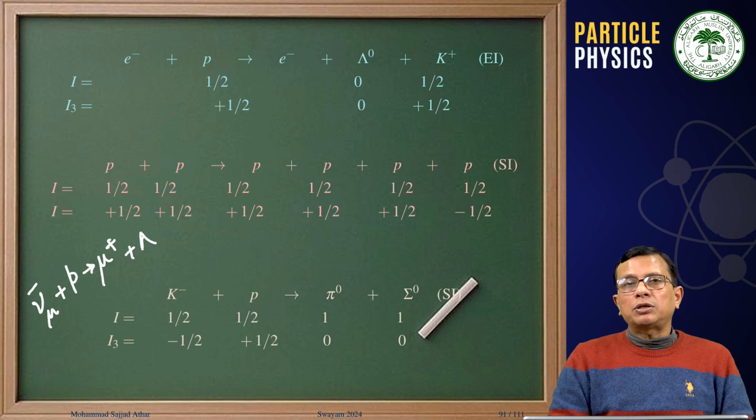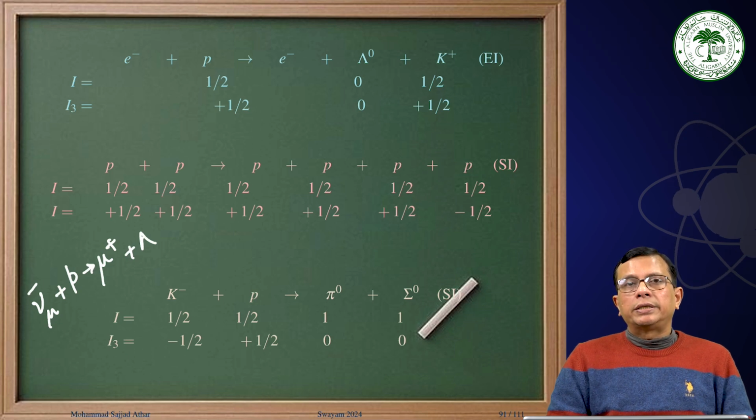Therefore, this cannot happen in strong and electromagnetic processes. Therefore, if a neutrino is there and you are conserving lepton number, baryon number, charge, etc., then the process has to be a weak interaction process.